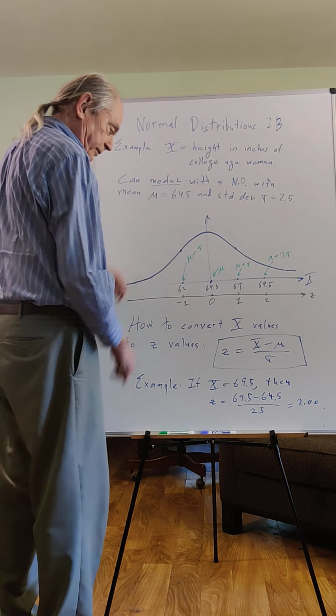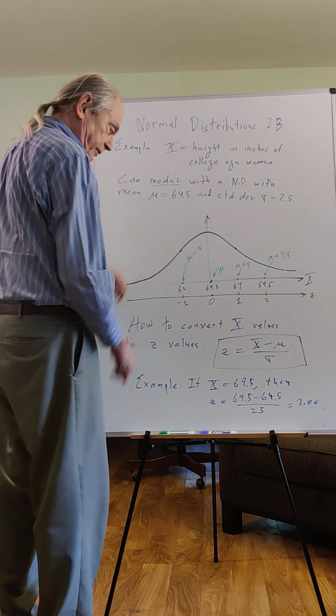Okay, now parallel to the x-axis, I've drawn the z-axis. This is the standard normal random variable. The value of z just tells us the distance from the mean to the x value measured in standard deviation units. So for instance, 69.5, the distance from the mean is 5, and a standard deviation is 2.5.